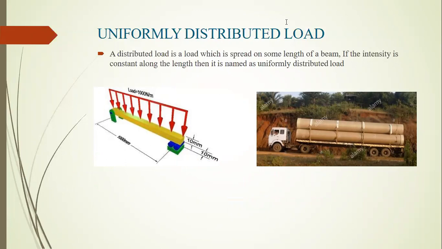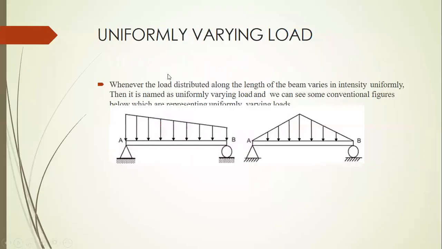Okay, we will move on to the third type of load called uniformly varying load. Whenever the load distributed along the length of the beam varies its intensity, such a type of load will be called uniformly varying load.